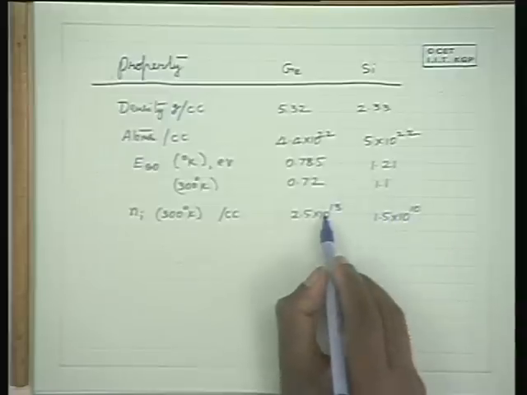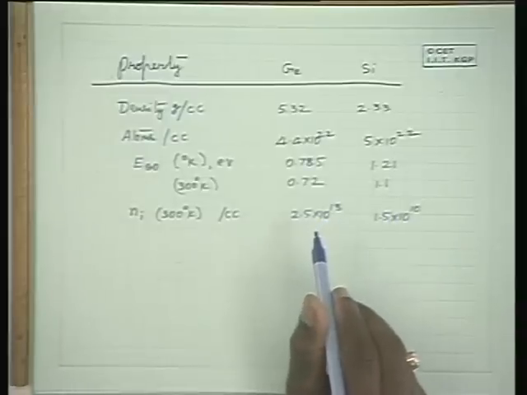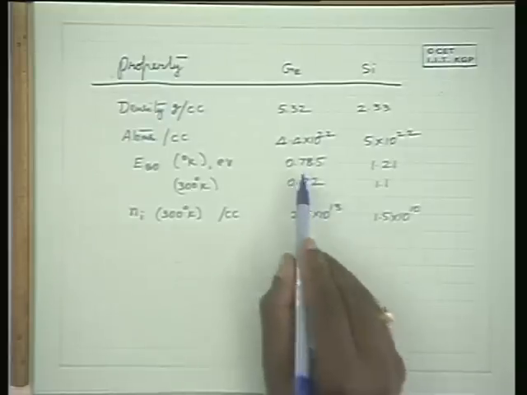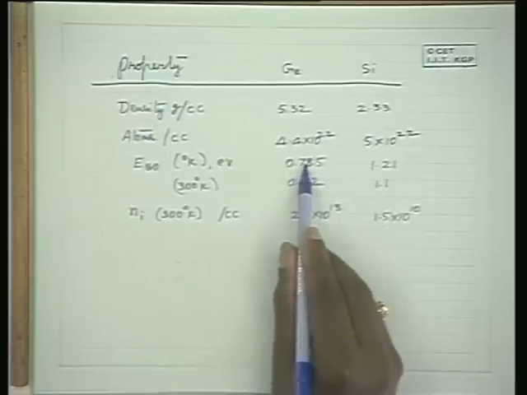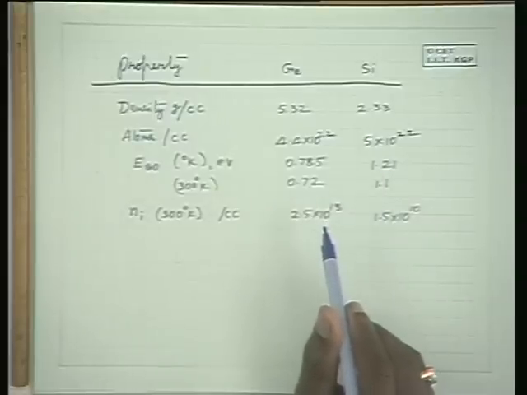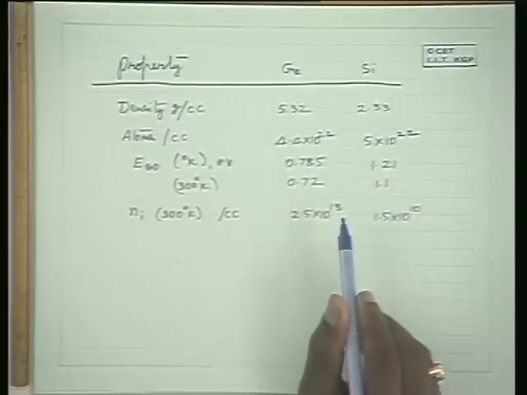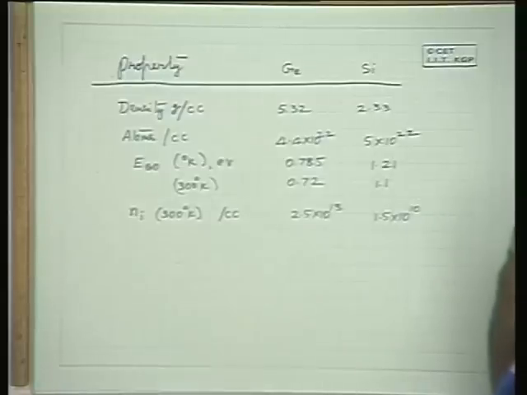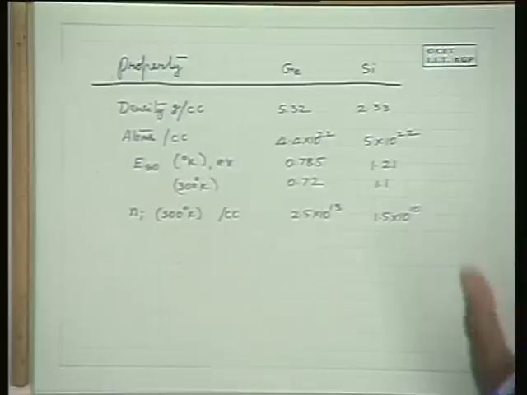Can you explain why the number is very large in germanium? The energy band gap is of the order of 0.785 in the case of germanium, whereas it is 1.21 in the case of silicon. Precisely because of this reason, you will find more electron-hole pairs forming, because the conduction band is closer to the valence band than in the case of silicon.